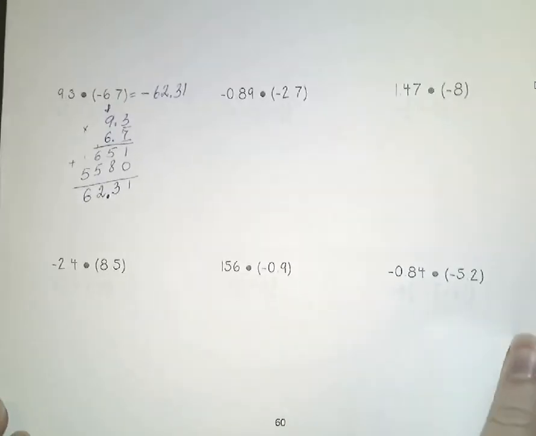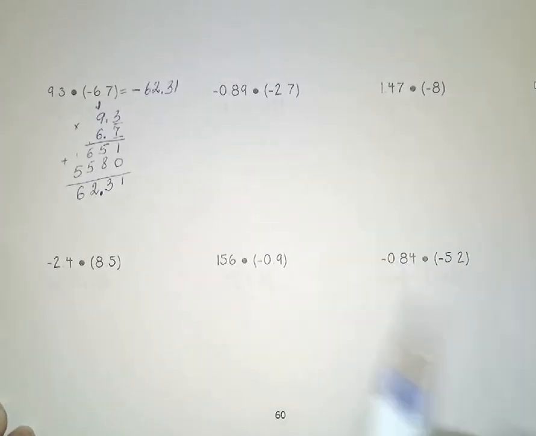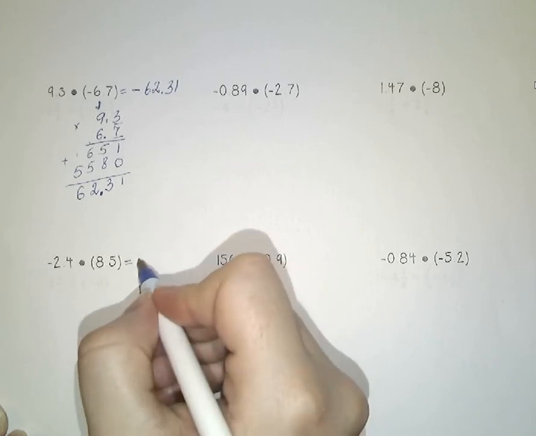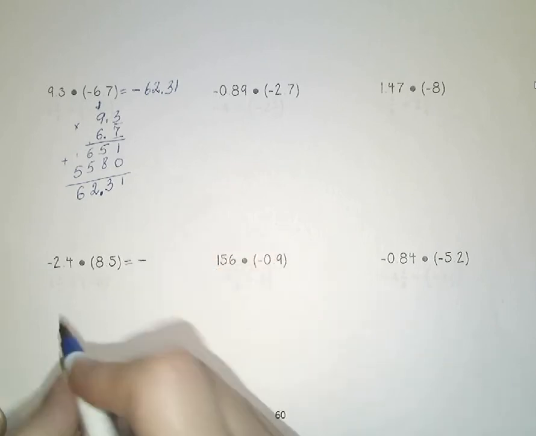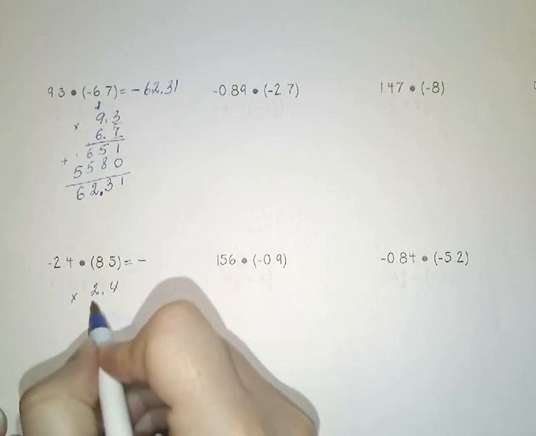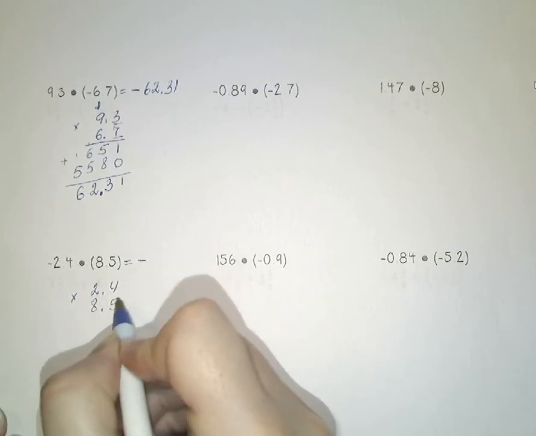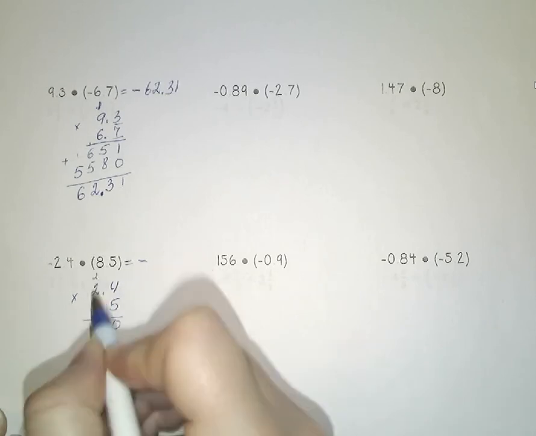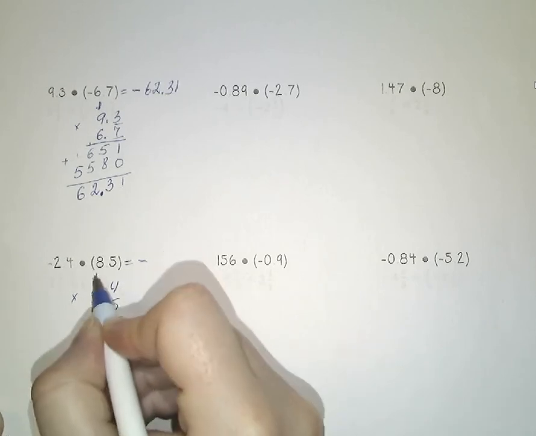Practicing the same rule for multiplying decimals, multiplying negative and positive, so different signs. My answer is going to be negative. And now I'm just arranging my numbers to multiply. 8 and 5 tenths. 4 times 5 is 20. 2 times 5 is 10, plus 2 is 12.